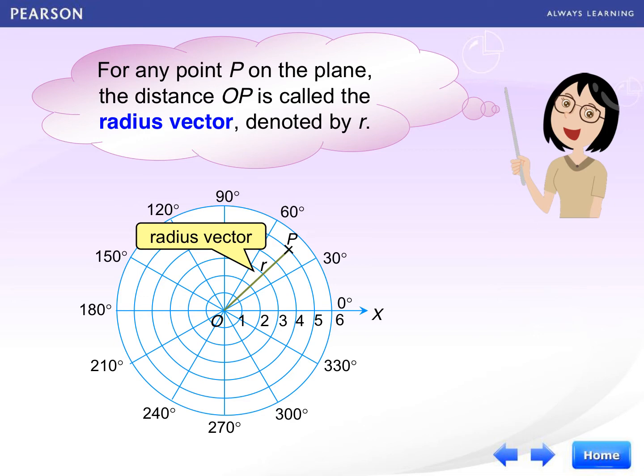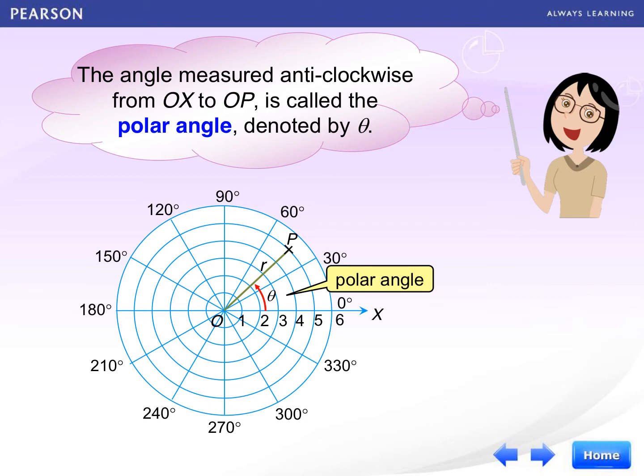At the same time, if there is a point P on a polar coordinate plane, like this, the distance OP is called the radius vector. We use r to represent it. From the polar axis OX and OP, an angle is formed, which is the polar angle.